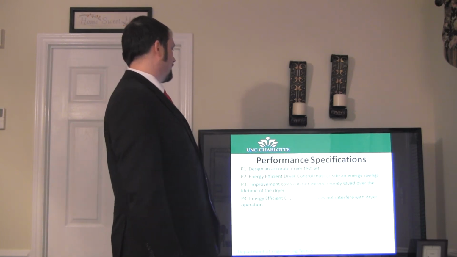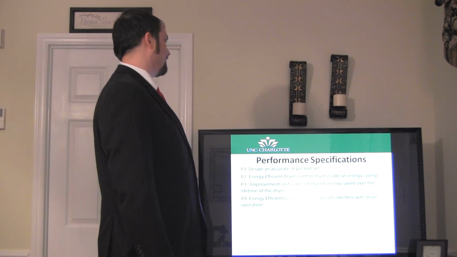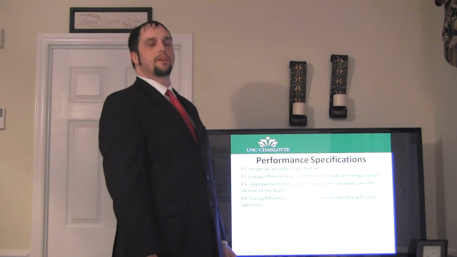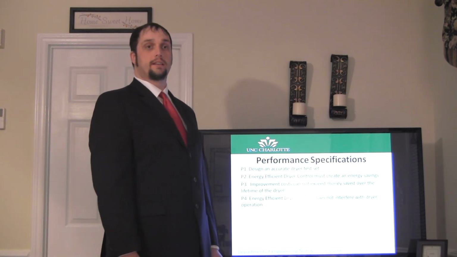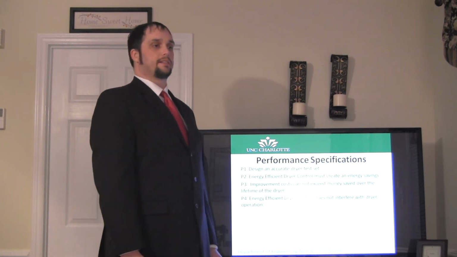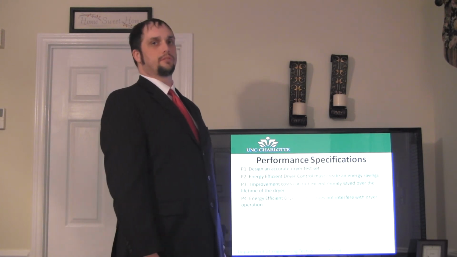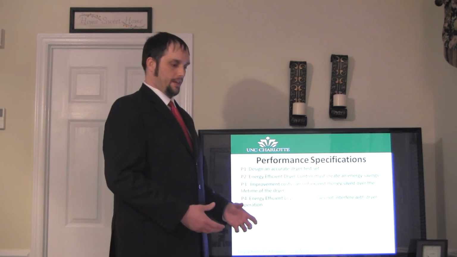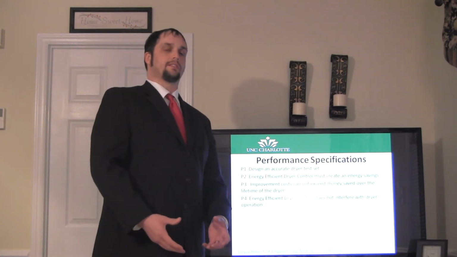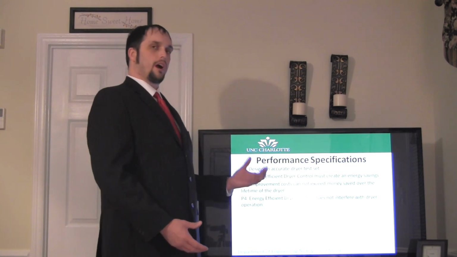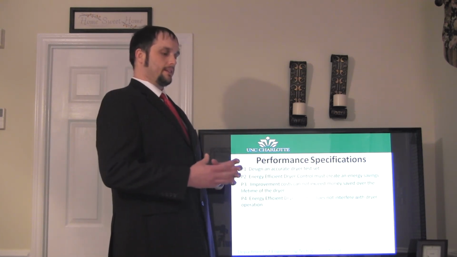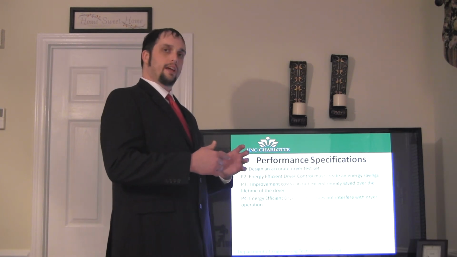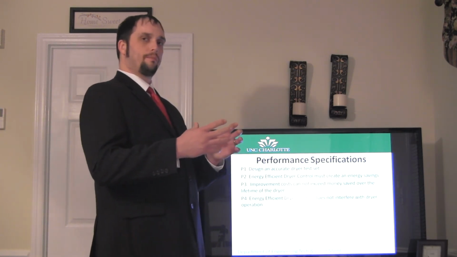On P4, energy efficient dryer control does not interfere with the dryer operation. This will be measured by ensuring that the attachment installed does not affect the operation of any dryer. That's universal. So the attachment will be in the exhaust of the dryer with your sensors, and then your dryer will have a plug that plugs in to a plug that has a relay on it that plugs into the wall.